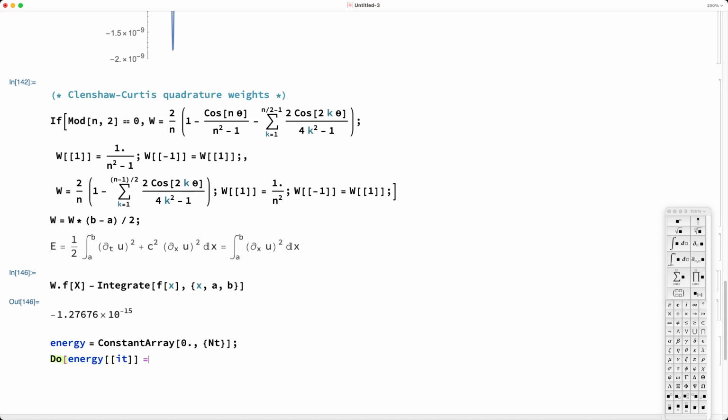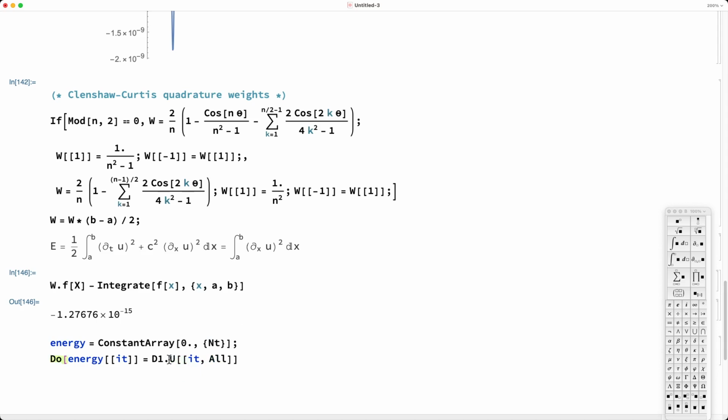We need to integrate over partial x of u squared. So partial x of u, we're going to approximate as d1 dotted onto the vector u. To pick up the vector u, we're going to pick it up at time index it, and then we're going to take all the spatial grid points.